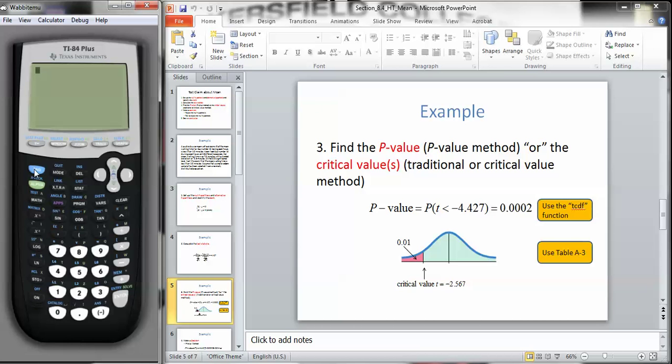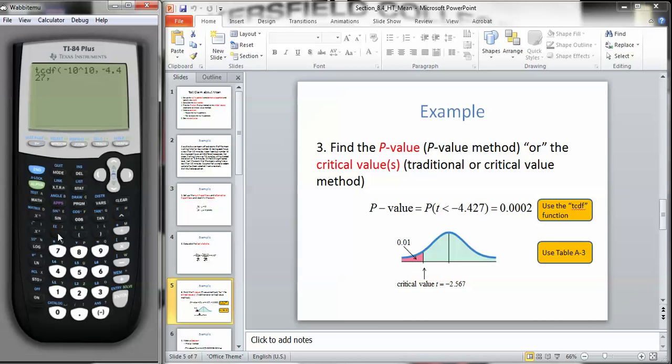All right, so let's use a function we haven't used before. Go to second vars. We've been there before, but now the function I want you to look at is the tcdf. The input is very similar to the normal CDF function, except now this is a t distribution. So we still put a lower bound and an upper bound. In this case, the lower bound will be a very small number, so negative 10 to the power of 10. And then the upper bound will be the test statistic, negative 4.427.